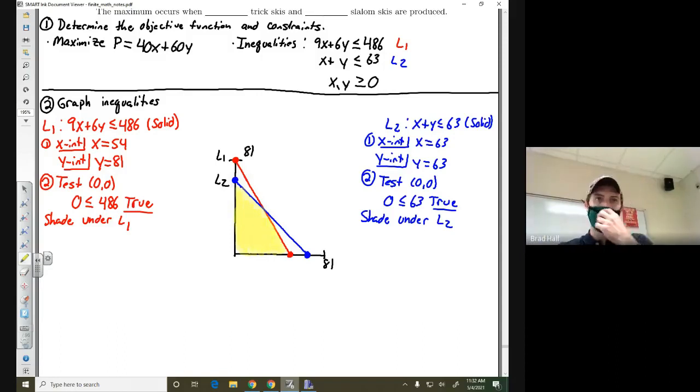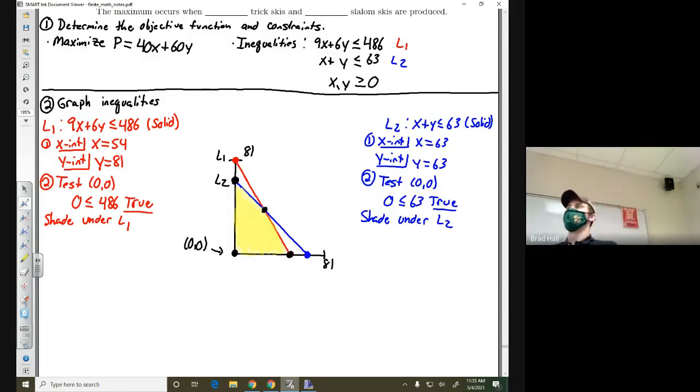And so this tells us exactly which corner points we should consider. In fact, we have 4 corner points here. The origin is 1. That one's the easy one. We have this Y-intercept up here, this X-intercept down here, and we have this point of intersection here.